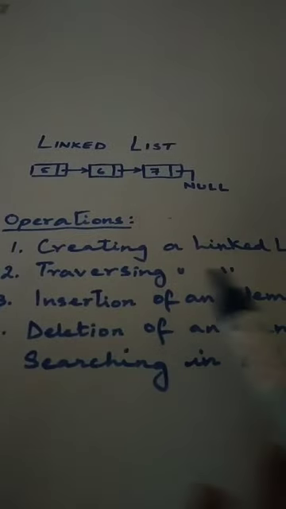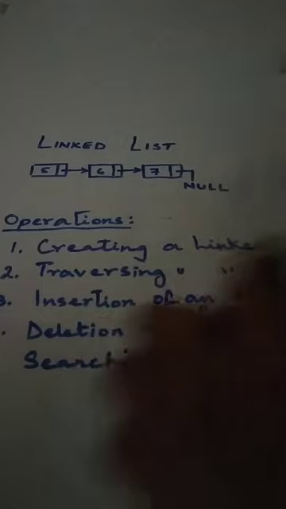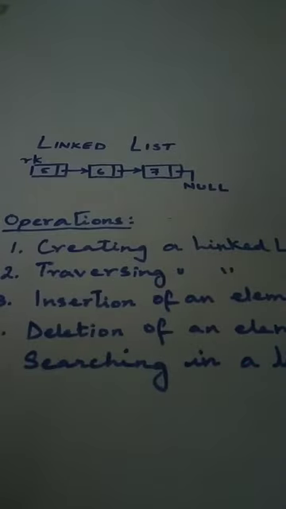Then secondly, we come to traversing. Traversing means going through every node of the list. Now, if I want to go to every node of the list, please remember from our previous discussion, I need to know the header node. I need to know the name of the header node. So let's say the name of the header node is RK. So when I say RK data, I know the value is 5.